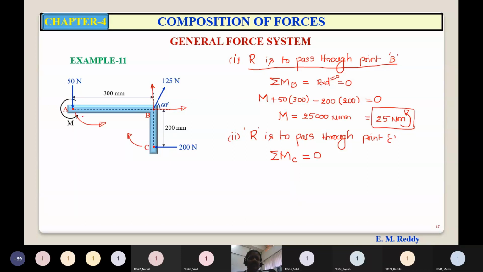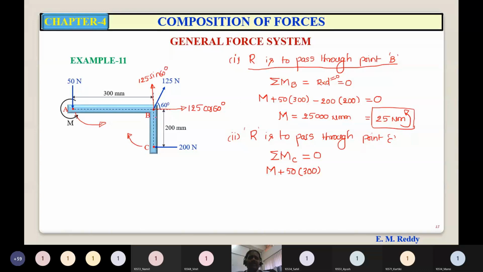Now the moment of this couple M is plus M, moment of 50 anti-clockwise is plus 50 into 300, then the moment of the X component of 125, 125 cos 60, is clockwise.